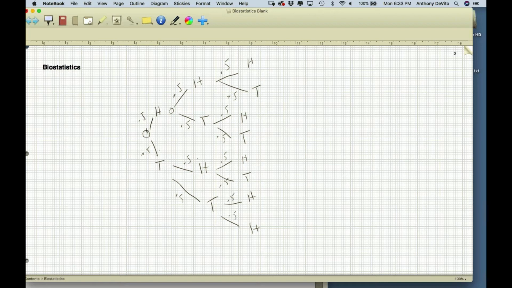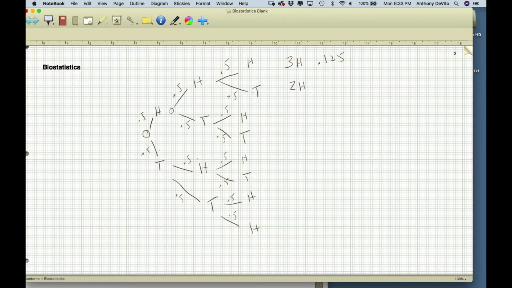Okay, so what's the probability that I would get all three heads as one possible outcome? It would be 0.5 times 0.5 times 0.5, which is 0.125. Okay, what's the next possible outcome here? I could have had heads, heads, tails, so that's two heads.